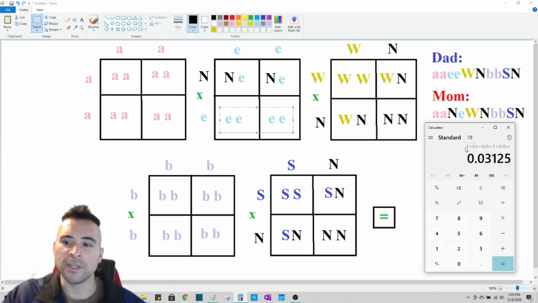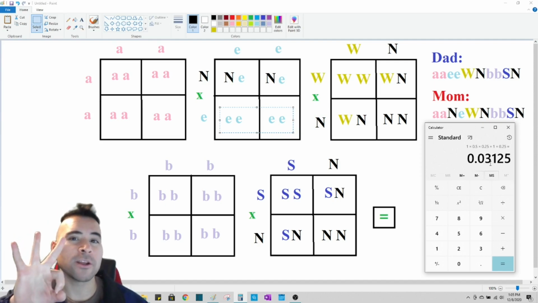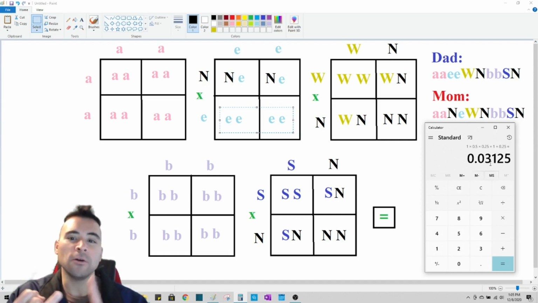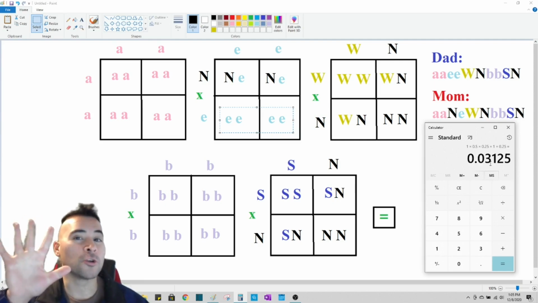Right here, we did our genetic multiplication, and we have 100% times 50% times 25% times 100% times another 25%, and what you get is 0.03, which if you multiply by 100 and move the decimal over 2 places is actually 3%. So 3% of the babies will be albino, eclipse, super white and yellow, blizzard, super snow.